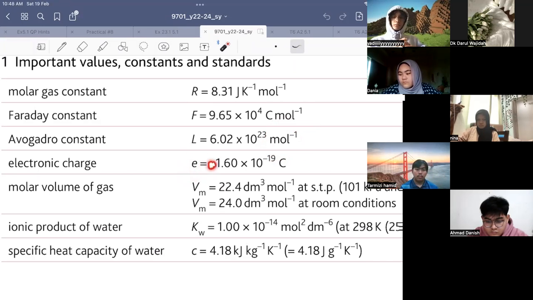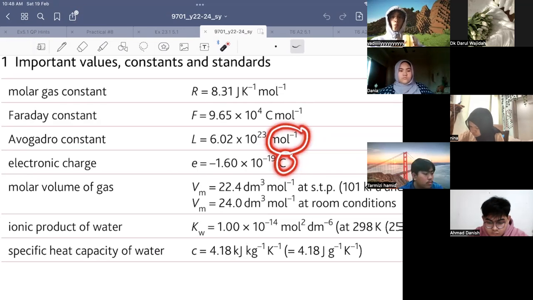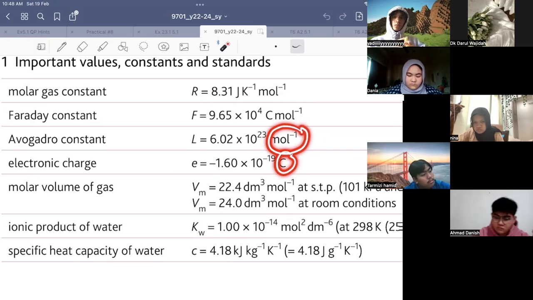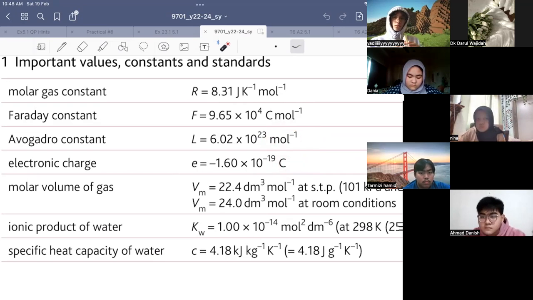We will ignore the negative sign because it is just telling us whether it's positively or negatively charged. The unit of the charge of an electron is coulombs, so you get coulombs per mole when you multiply them together. If you can find this table at the back of your exam paper, please look through it, because sometimes it can help you with the units.